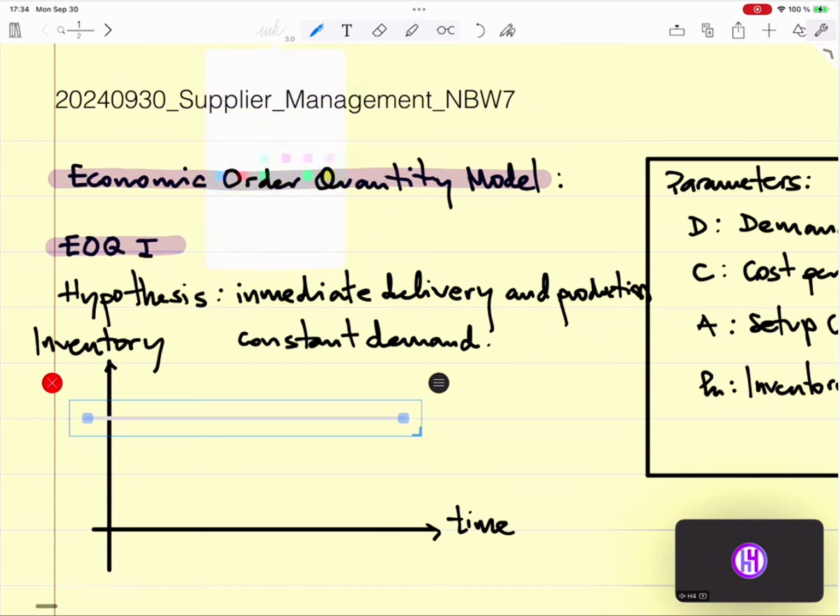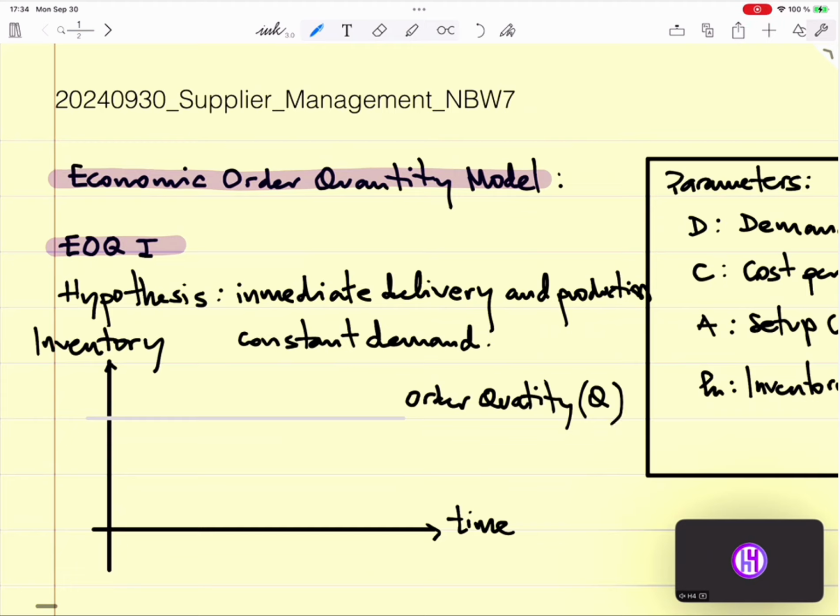So this is going to be our order quantity, Q. And our demand is going to be like this, because we have immediate delivery, so this is T0, and this is, let's say, T1.